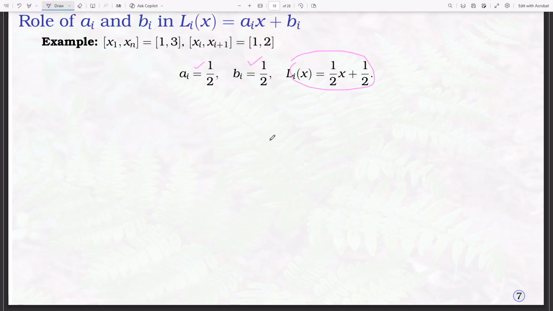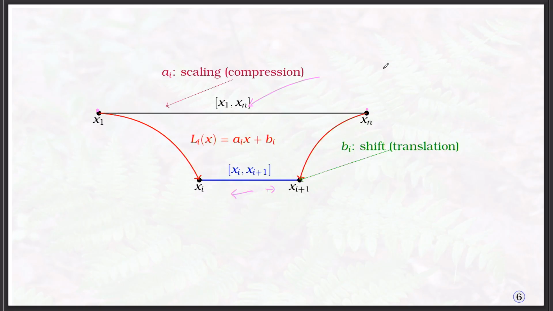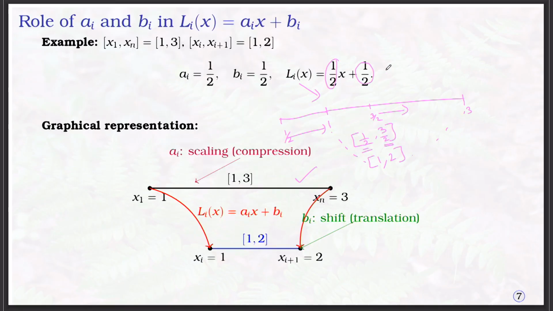Now, for any closed interval that is given, we can always find a contractive homeomorphism between the whole interval and its subinterval. You can observe that this Li is a continuous function. Then one can observe that the inverse will always exist, and the inverse is also continuous.